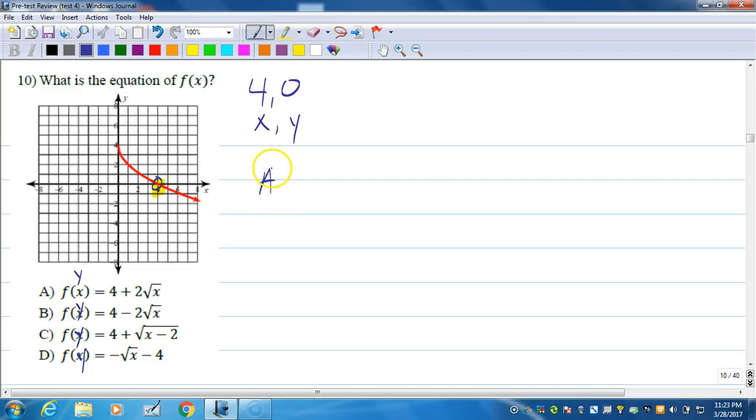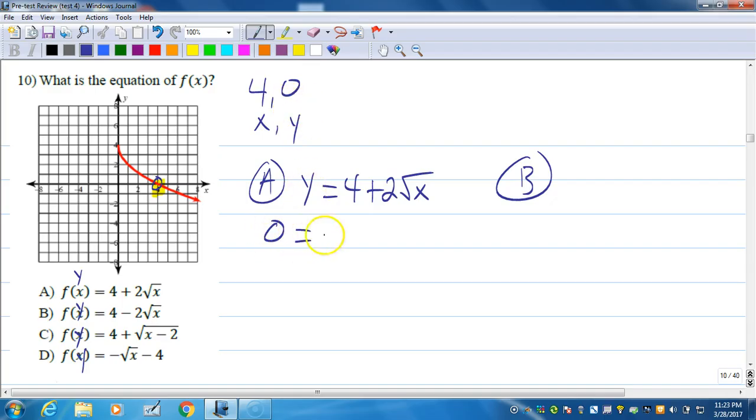I do letter A. I do letter B over here. Letter A says y equals 4 plus 2 square root of x. Remember, I put y here instead of f of x. Y is 0. See, right here it says y is 0. So 0 equals 4 plus 2 square root of x.